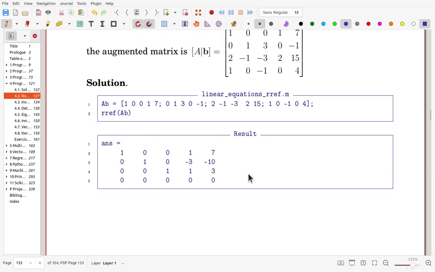Then the result is given in this way. That is leading 1, leading 1, leading 1. So x1, x2, x3 are basic variables, and x4 is a free variable.